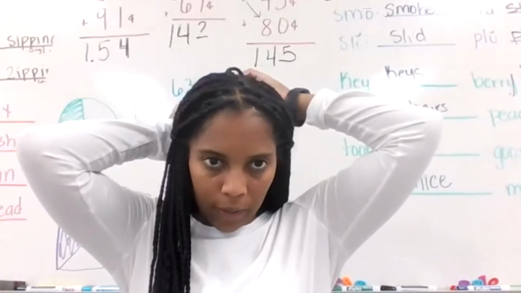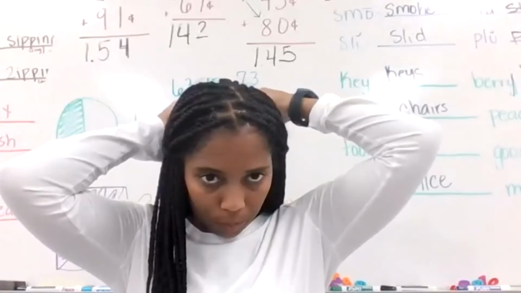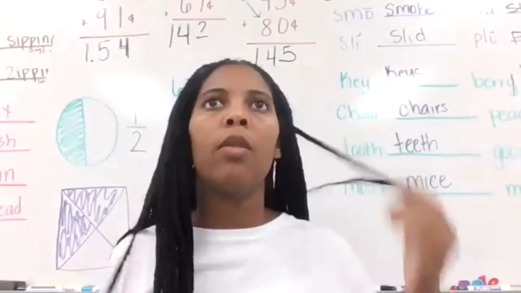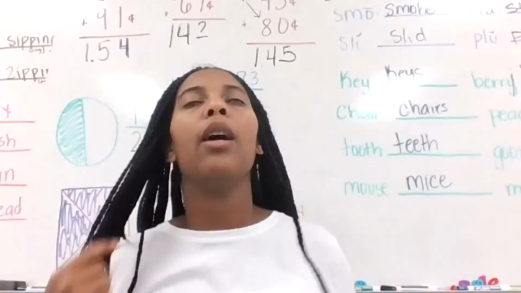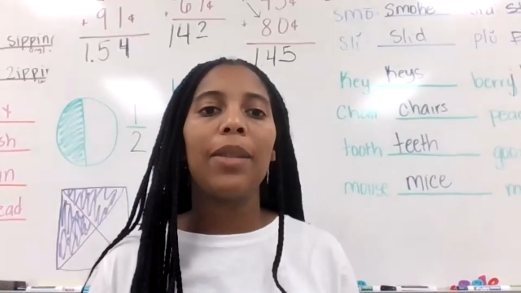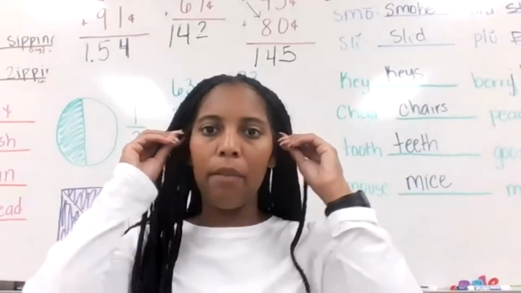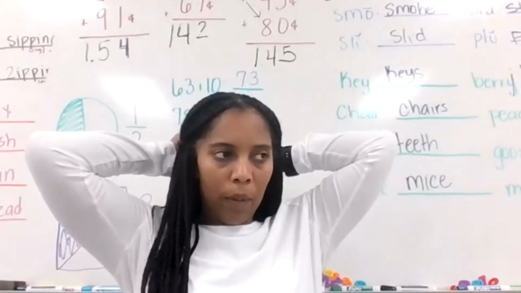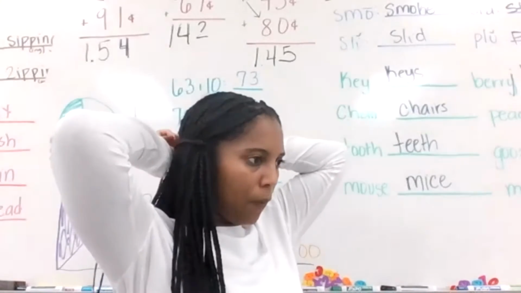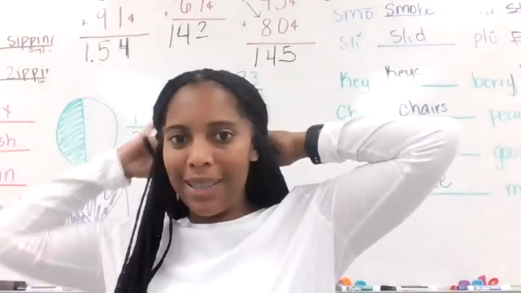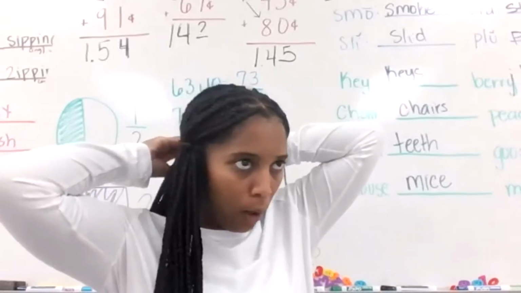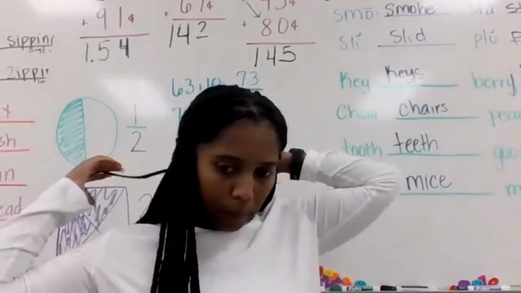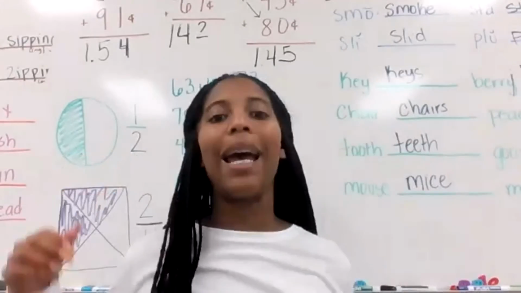All right, so let's go ahead and do a review of language. We are learning the different types of verbs. We've learned action verbs, helping verbs, state of being verbs, and linking verbs. I told you yesterday, how do we identify if it's a helping verb? It helps the action.